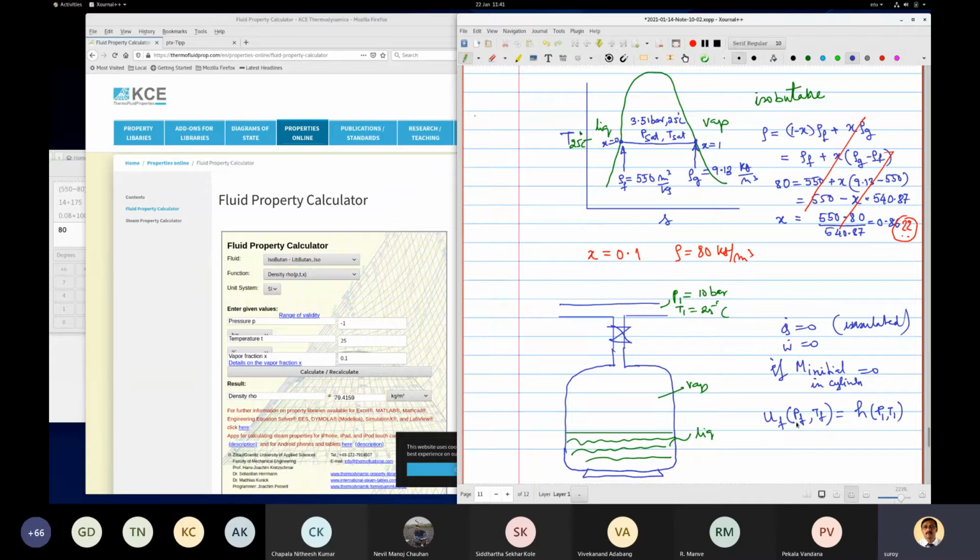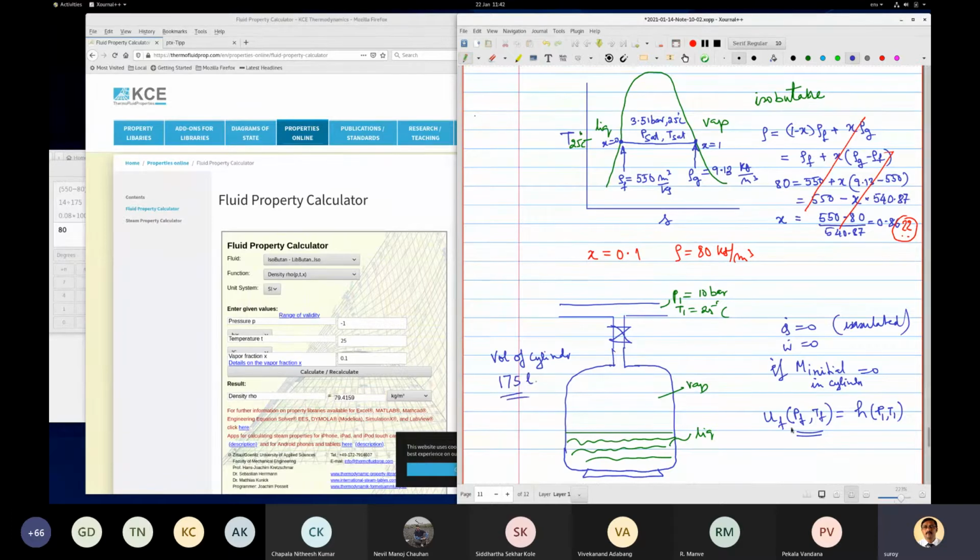Now P final, we have to decide. So this we will choose. We have to fill up the tank, and we know the volume of the cylinder that we get at home is 175 liters.